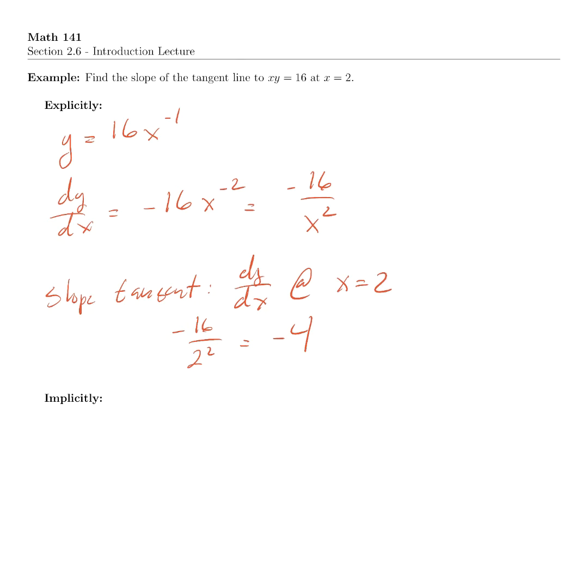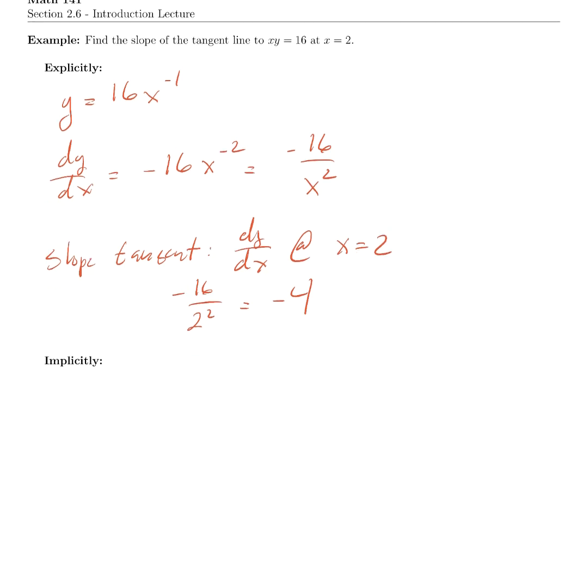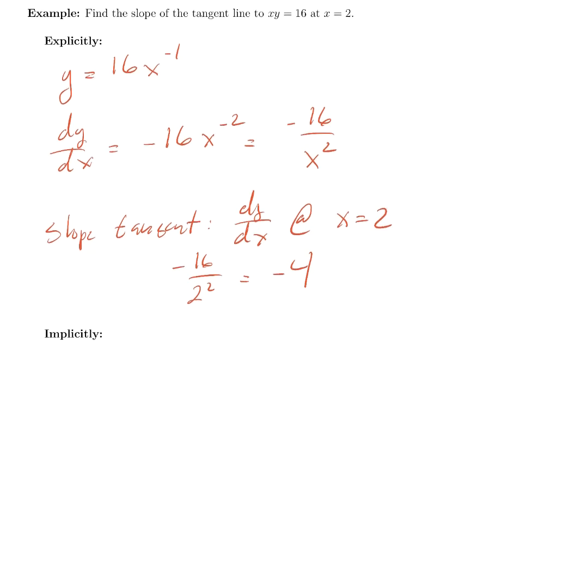But just as a tool to introduce the idea of implicit differentiation, I'm going to use this example. And so we're going to look again at xy equals 16. And we are going to assume y is some function of x, say f of x.